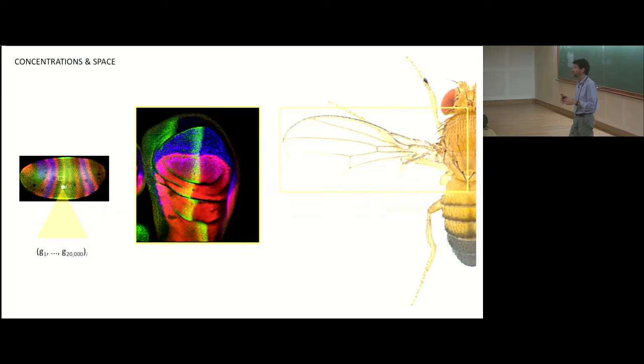I told you that if you have a gene expressed in many different places in the body, you make this complex pattern of expression by having different enhancers specific for each of the regions.